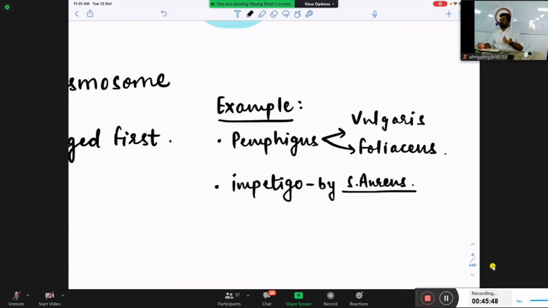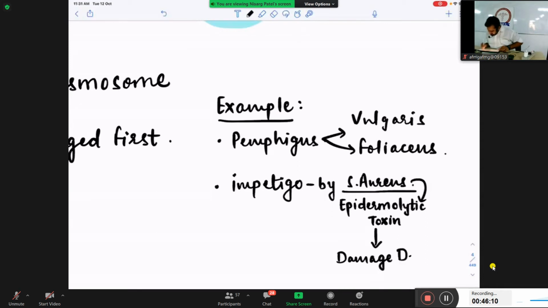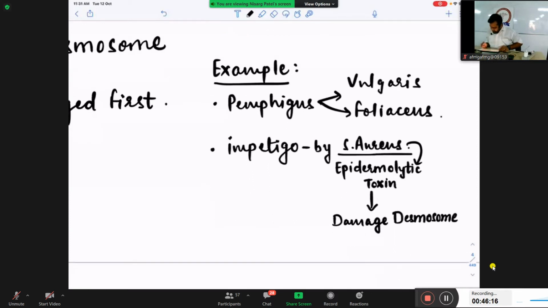These Staphylococcus aureus produce one toxin, which is the epidermolytic toxin, and when this epidermolytic toxin directly damages the desmosome, I will have acantholysis.